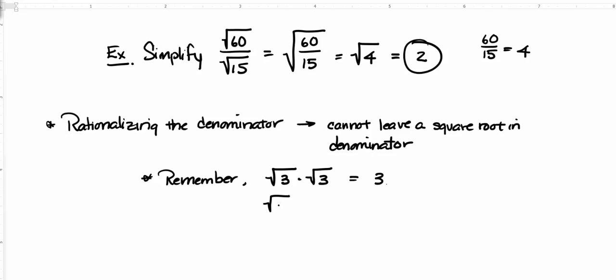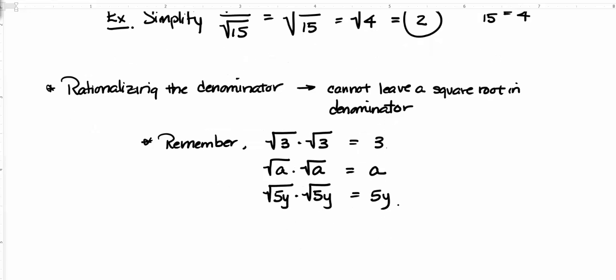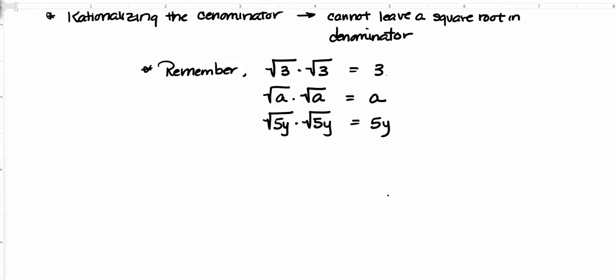And the square root of a times the square root of a is also a. Right? The square root of 5y times the square root of 5y equals 5y. Well, this turns out to be a very useful operation when we're asked to rationalize certain quotients.